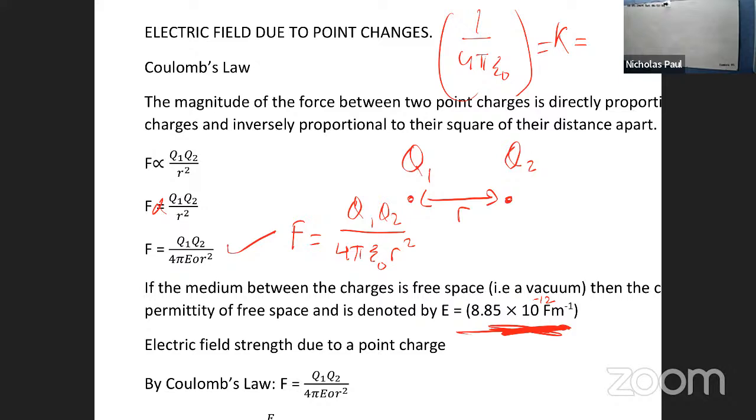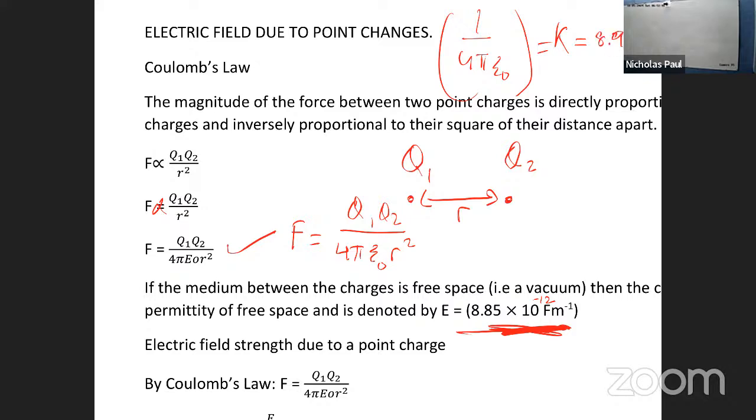Anyway, K is what? I know it's a constant. What's the value? 8.9.